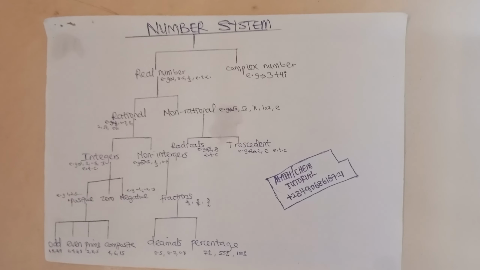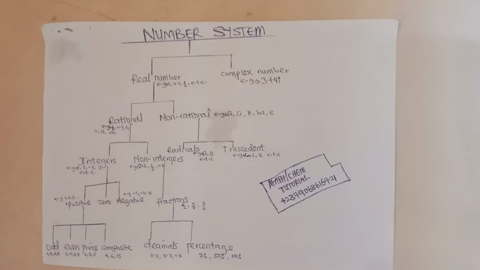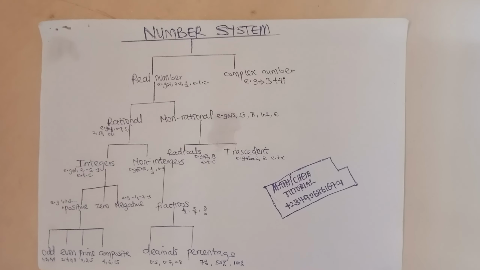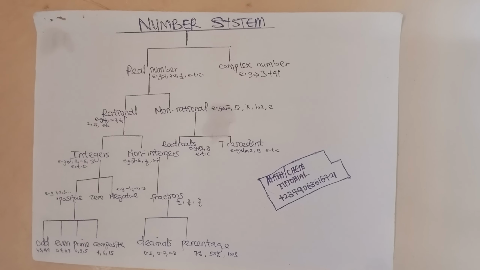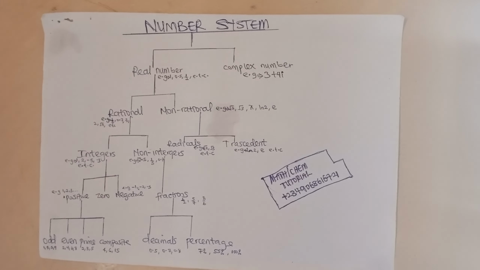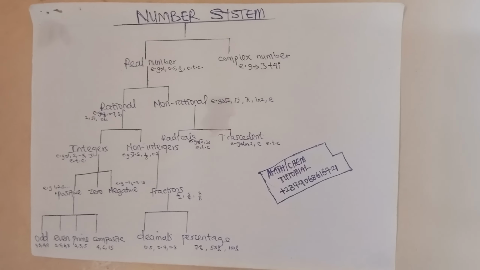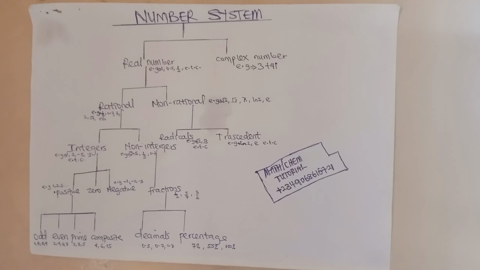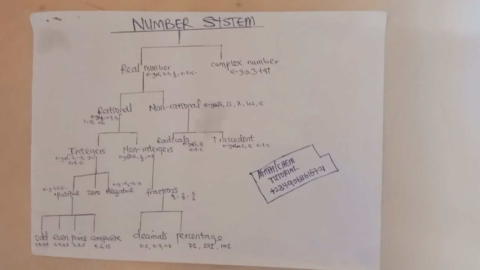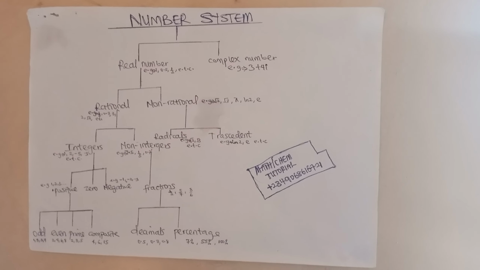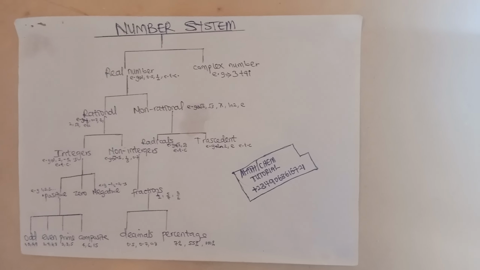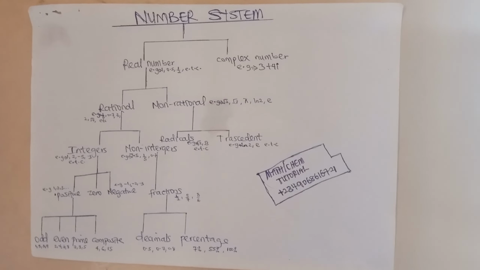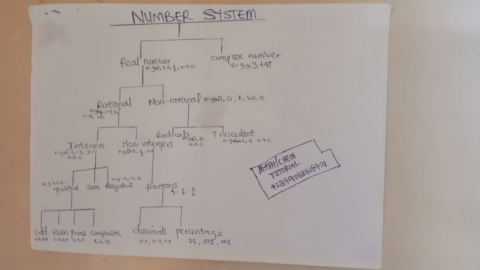Now, let's go to non-rational number. Example of non-rational number, they are what? Root 2, root 3, root 5, root 7, root 6. As you can see, those roots I'm saying, when you press them in your calculator, they will give you a decimal point, like 6 point something, something, something, something, something. So they are non-rational number. And also, when you look at a constant such as pi, pi on its own is a what?